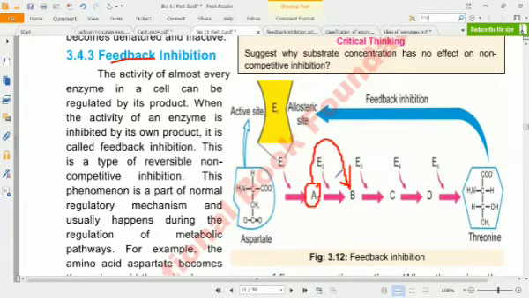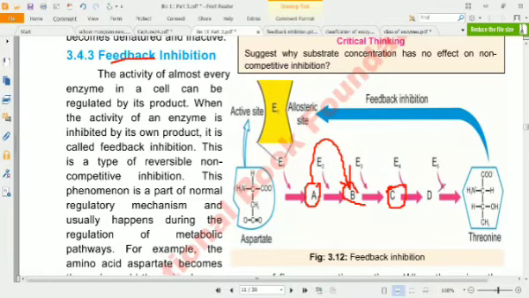Then this intermediate product is handed over to another enzyme, and it is changed into another product, aspartyl semi-aldehyde dehydrogenase, and then it goes to another pathway and is handed over to enzyme 3, and we get intermediate product C, where the homoserine kinase enzyme acts.